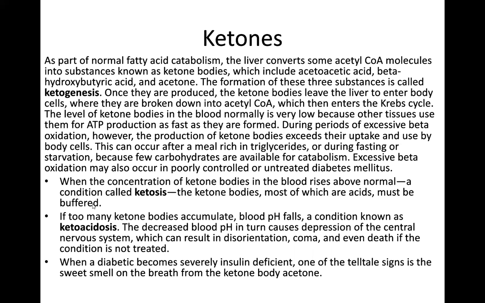If too many ketones are accumulating, our blood pH falls, and that causes ketoacidosis. Decreased blood pH in turn causes depression of the central nervous system, resulting in disorientation, coma, and even death if the condition is not treated. And that can happen, like I said, in uncontrolled or untreated diabetes, and can be deadly. Okay, obviously, if death is involved, it's deadly.